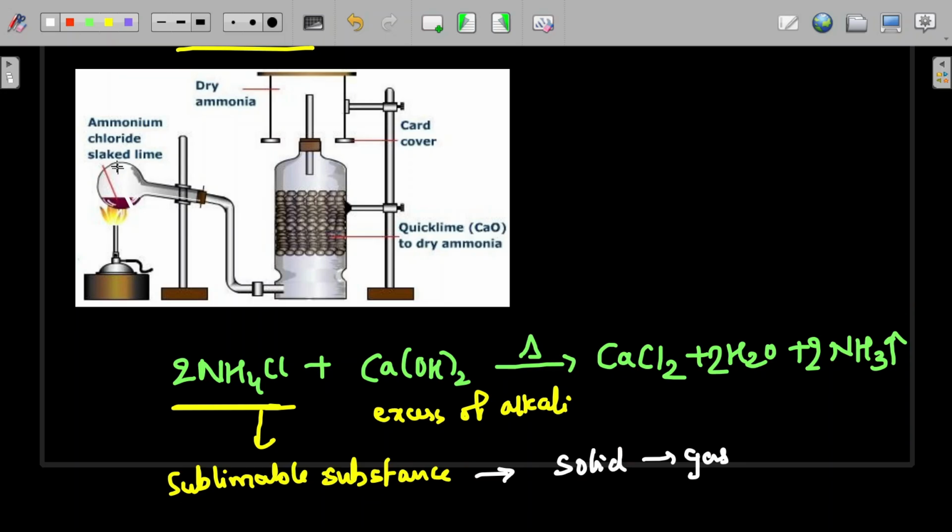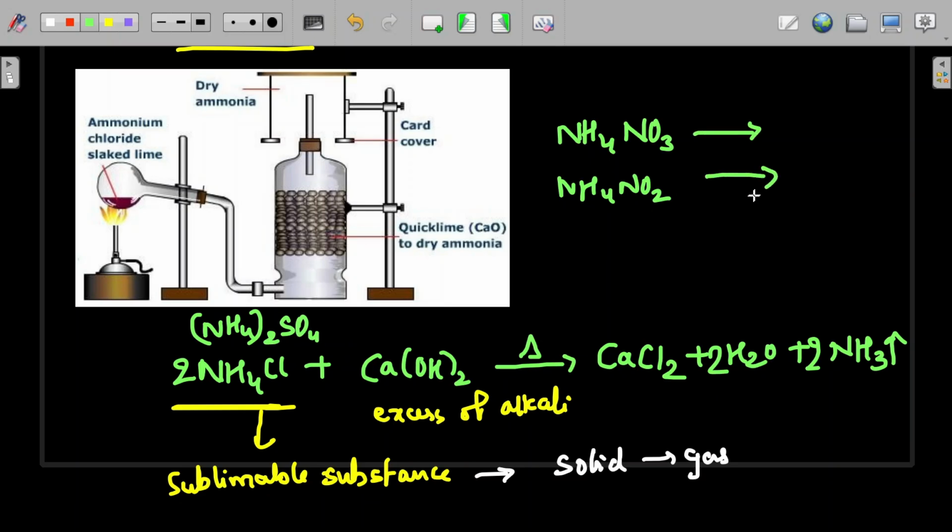And what salts of the ammonium ion can we not use here? We cannot use ammonium nitrate, we cannot use ammonium nitrite, but you can use ammonium chloride, and ammonium sulfate, (NH4)2SO4, can be used. The reason we don't use those two is, first of all, both of them are explosive, and on heating they undergo decomposition.